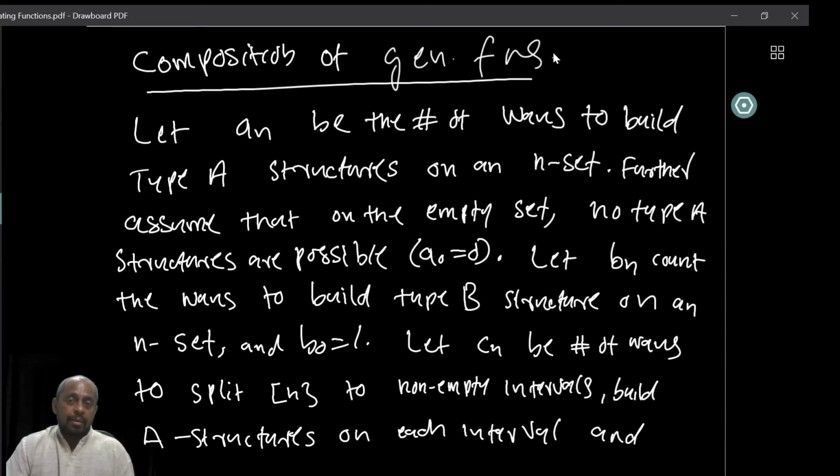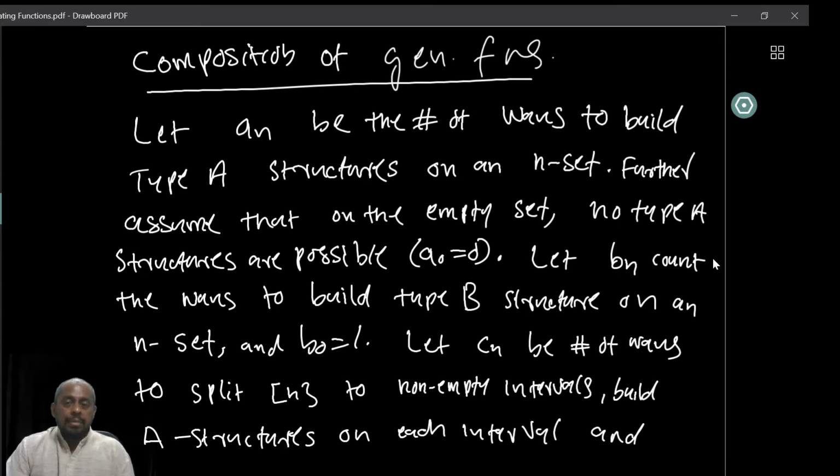The number of type A objects that you can make out of an empty set is 0, right? So therefore a0 is 0. And bn counts the number of ways to build a type B structure on an n-element set, with b0 equal to 1. Strictly this is not necessary, but we will assume that.